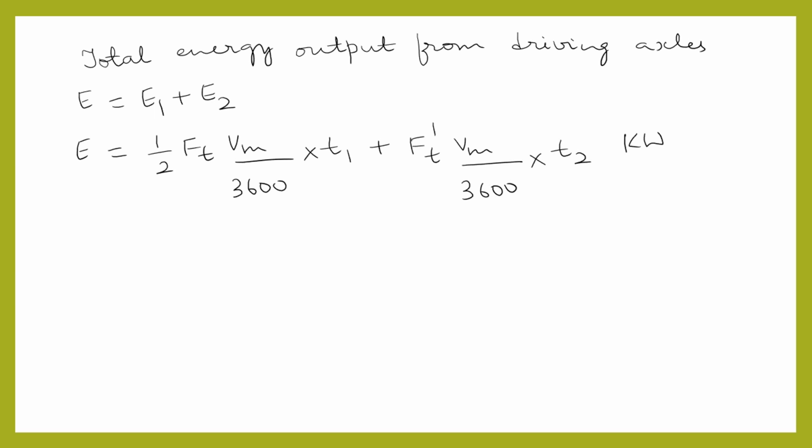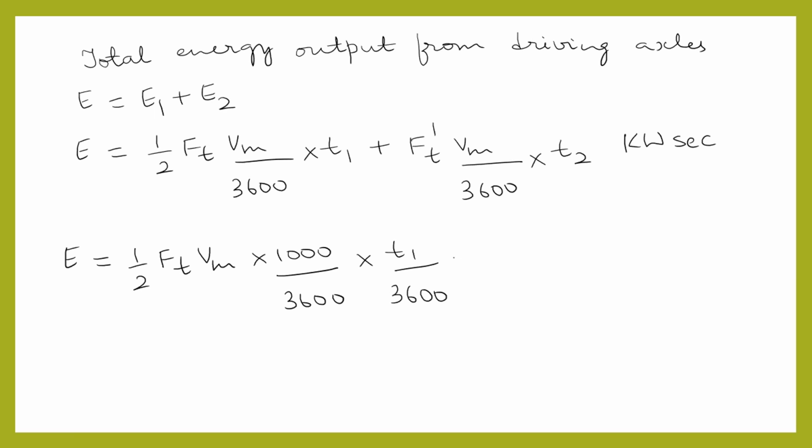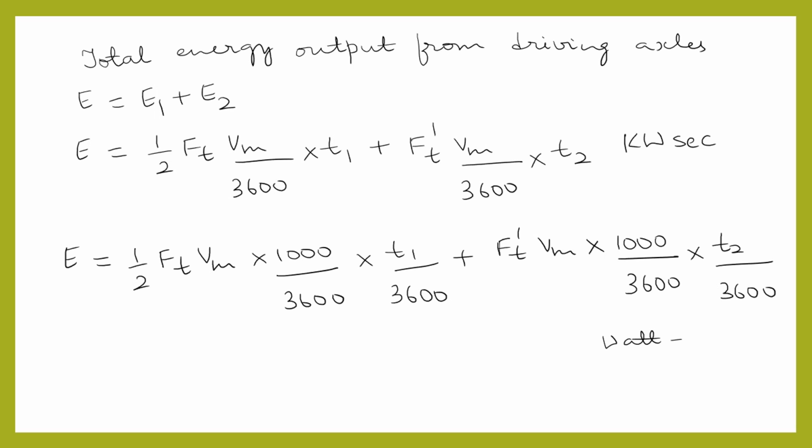This is in kilowatt second. The energy output can be expressed in watt hours. So we have E is equal to half Ft Vm into 1000 by 3600 into T1 by 3600 plus Ft dash Vm into 1000 by 3600 into T2 by 3600 in watt hours.